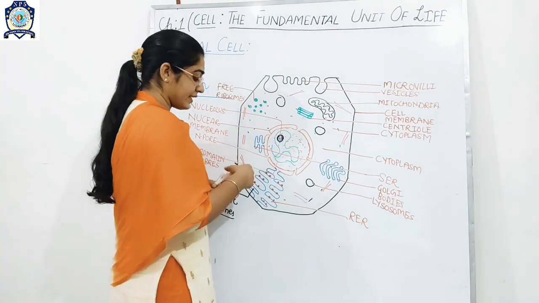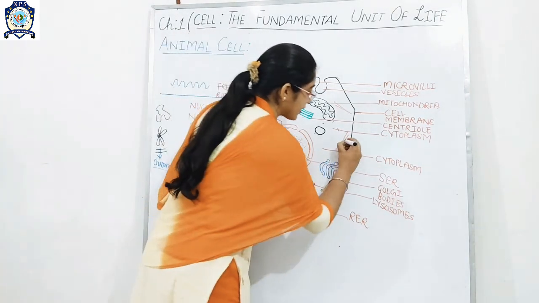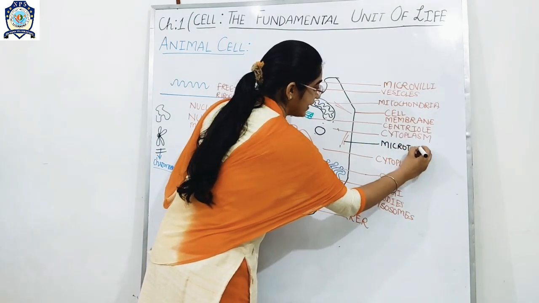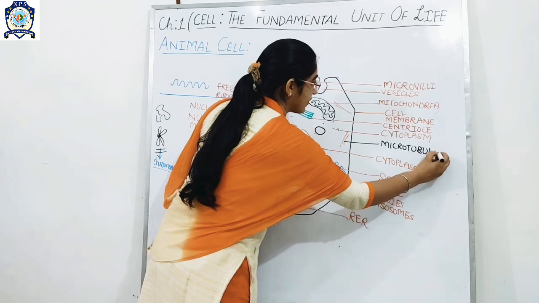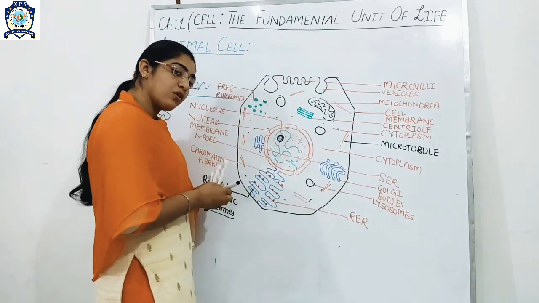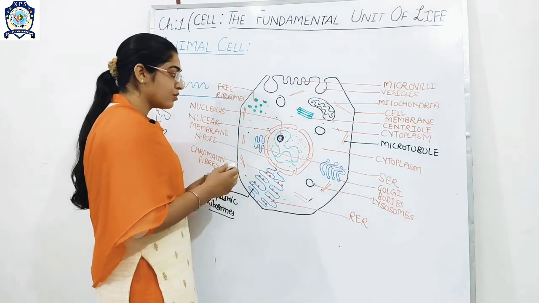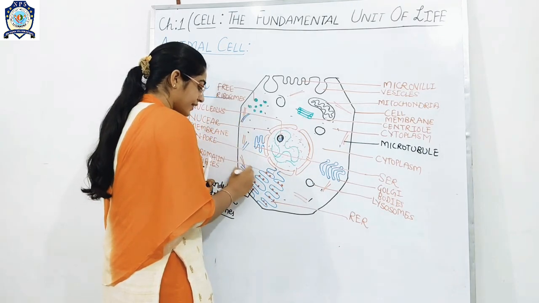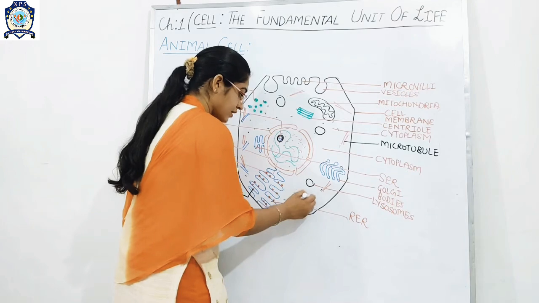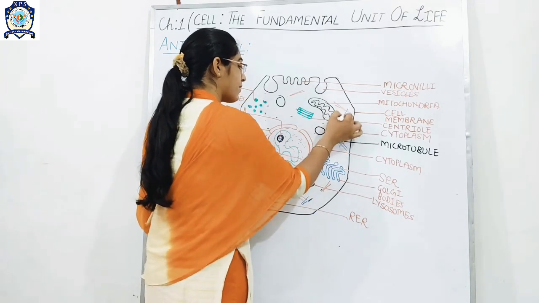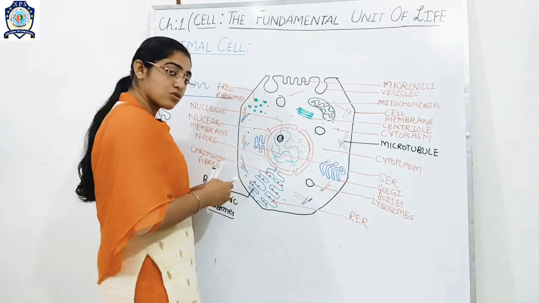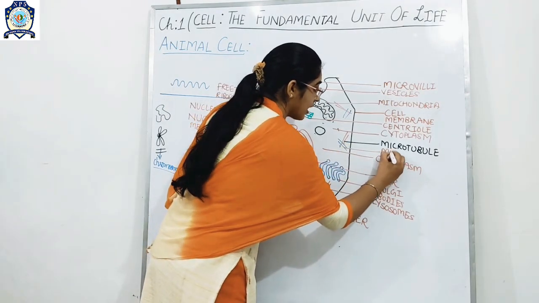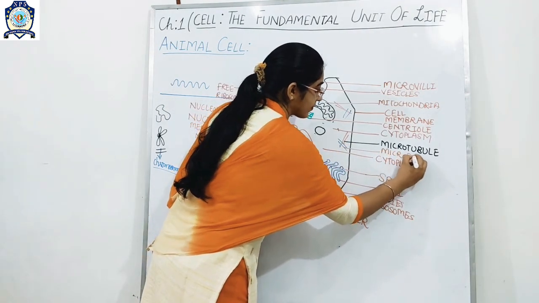If we label it, these are the microtubules which provide support to the cell. And along with the microtubules there are some other structures called microfibrils. So microfibrils and microtubules are both present.